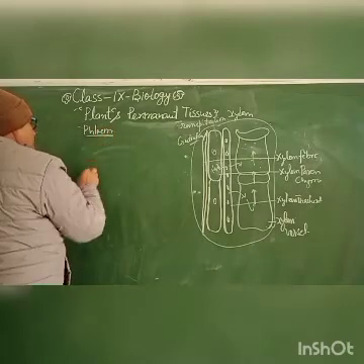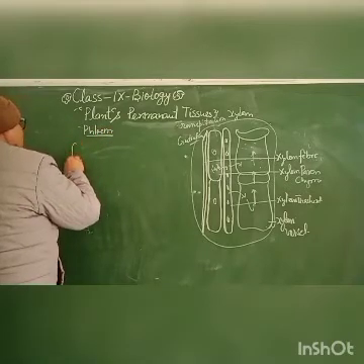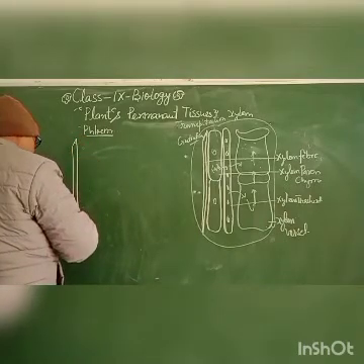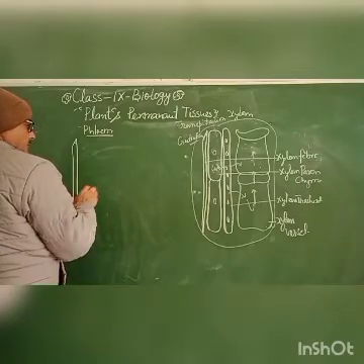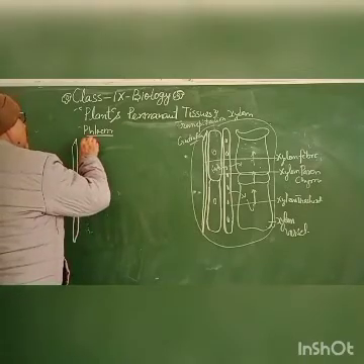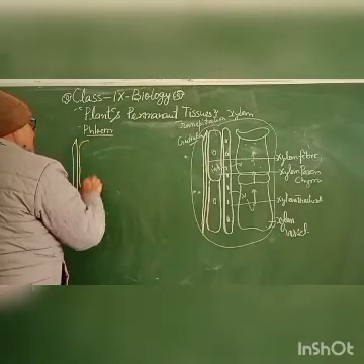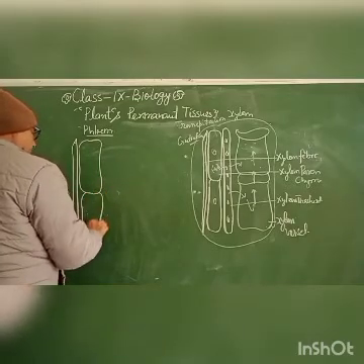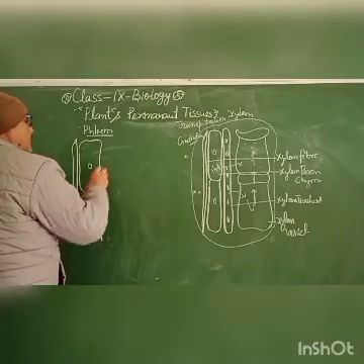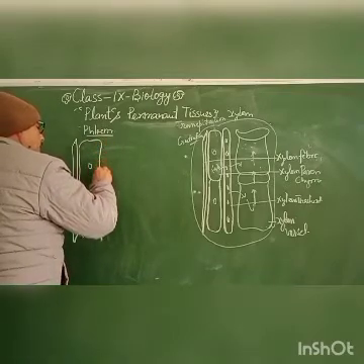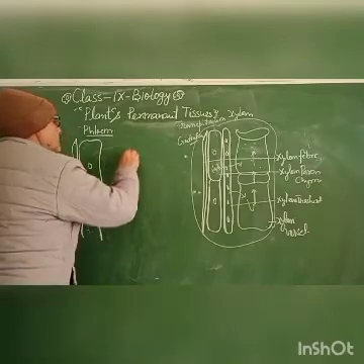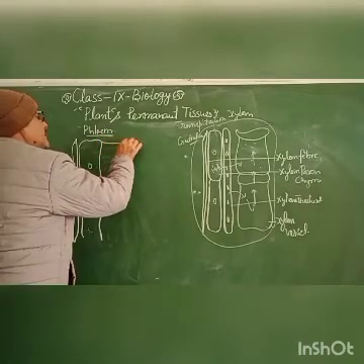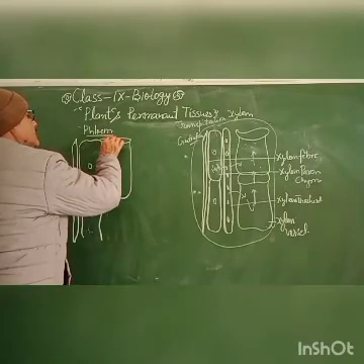So phloem also has phloem fiber, something like this. It facilitates the packing of the phloem bundle, and these are the phloem parenchyma, and they get facilitated with a plate-like structure which is called sieve plate.